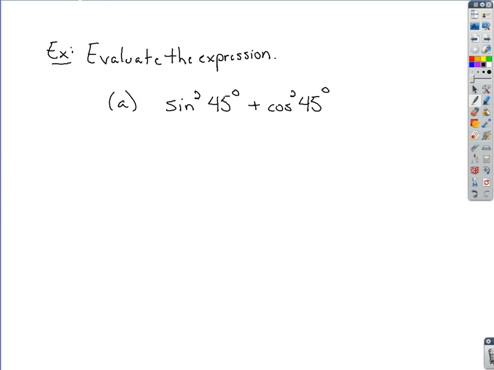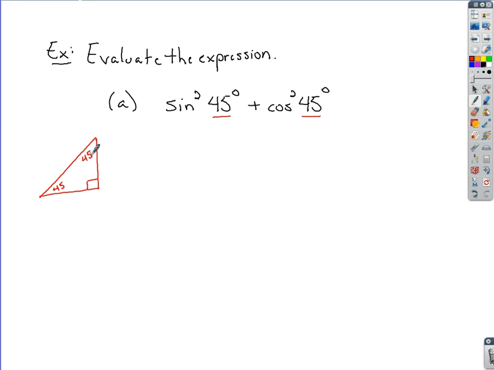All right, if we're going to evaluate the expression, basically we're going to have expressions where you have a special angle to work with, where you can set up a special right triangle. So since we're working with 45 degrees, let's set up a special right triangle of 45 degrees over here.